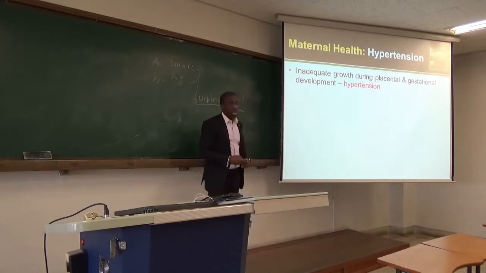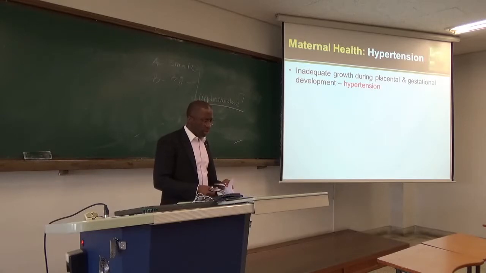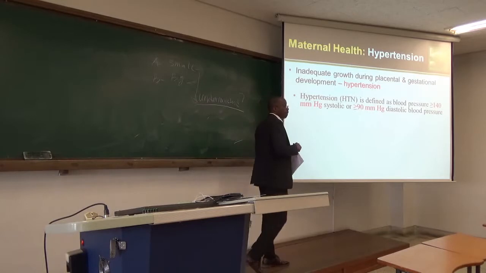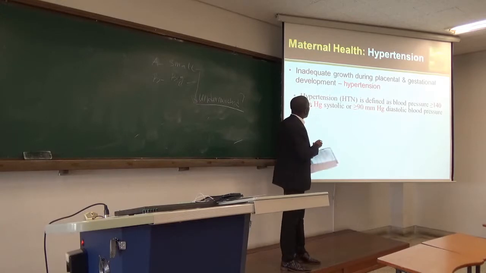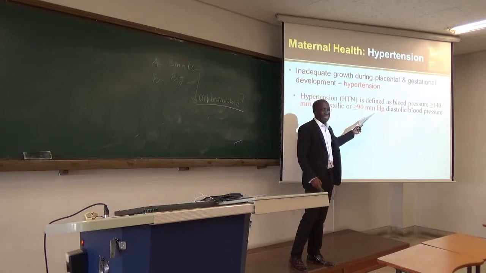Now I would like to talk about hypertension, very important here. We talk about problems with miscarriages, and when we talk about high blood pressure, oftentimes the value is 140 millimeters of mercury systolic and the diastolic one over 90. Then we know we have high blood pressure.